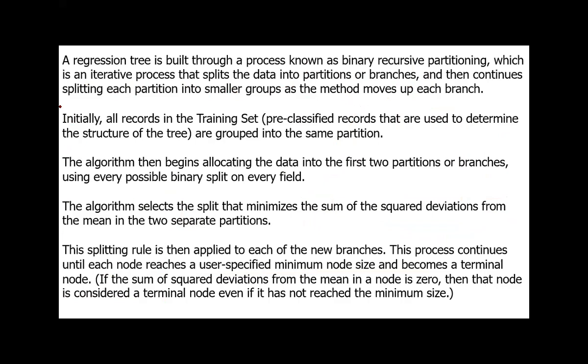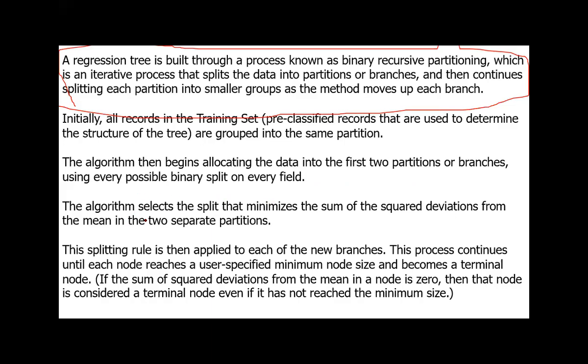These are the steps, this is the total process. The first step is to place all records in the training set as the root node, or they are grouped into the same partition. The algorithm then begins allocating the data into the first two partitions or branches.